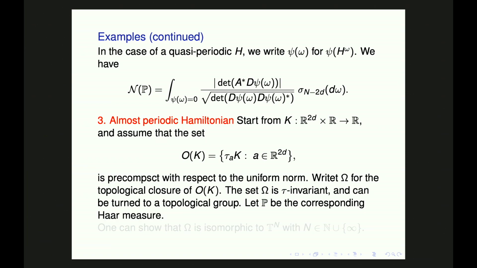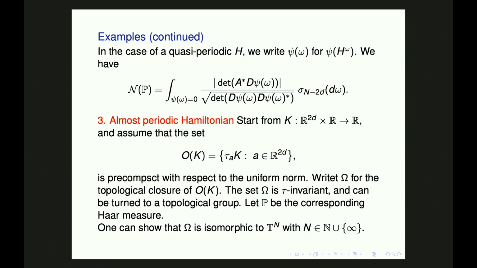And you take the topological closure, and the standard thing says that you can turn it into a topological group. And you can take the Haar measure on that topological group. That would yield an example. So in other words, the support of this stationary probability measure would be the closure of the translates of some fixed Hamiltonian.